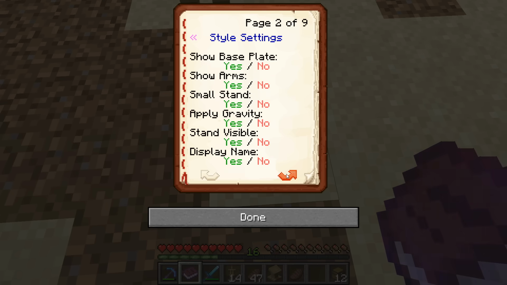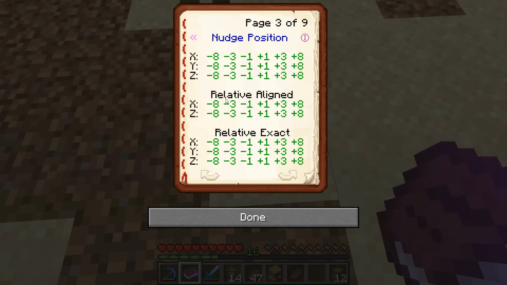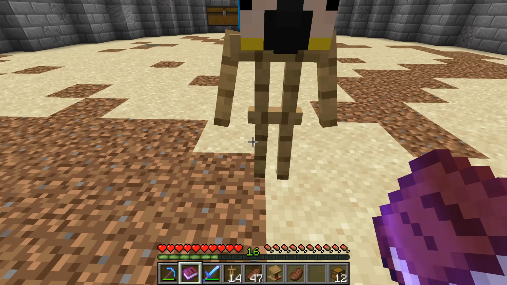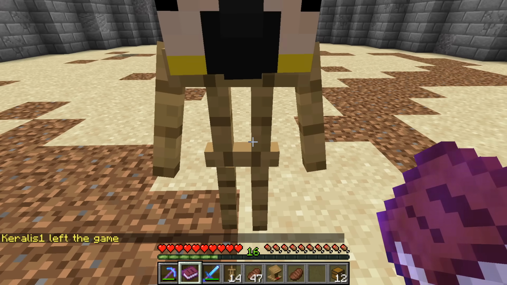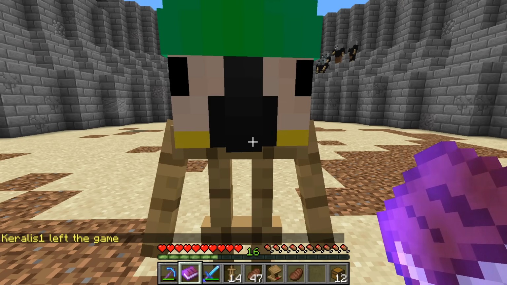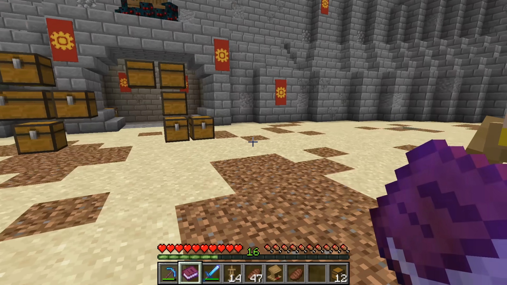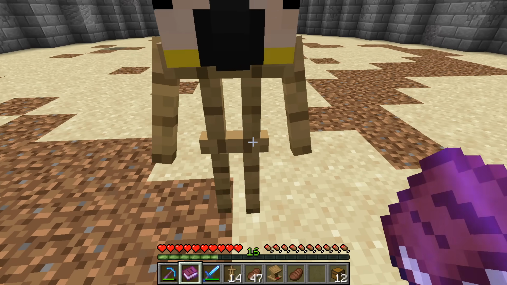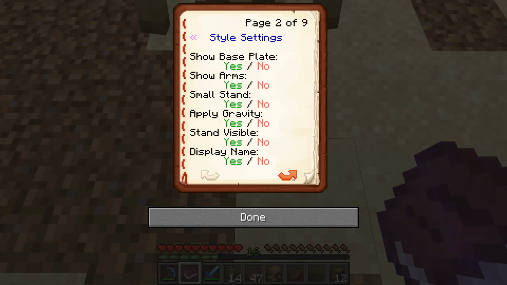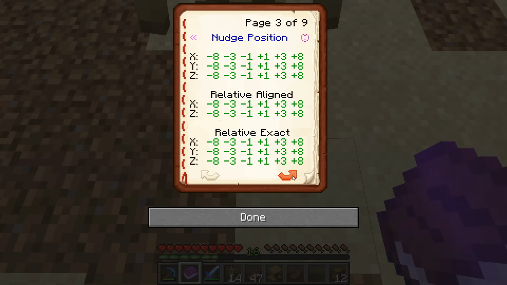And the relative aligned. Now, this is where things get a little bit wacky. This is related to where you are in relation to the armor stand. I am in front of the armor stand. I am facing it. I want to push it to the side, to my left.